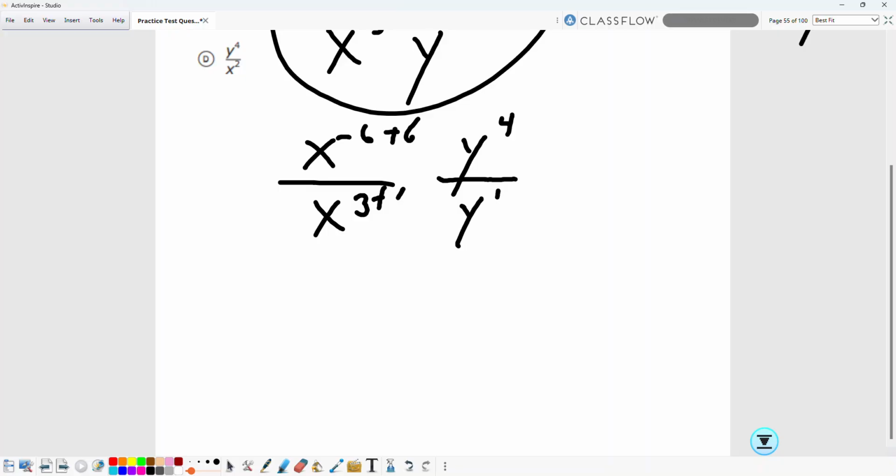I do the same thing to the bottom. So what I end up with, x to the negative 6 plus 6 is x to the 1. Or I'm sorry, it's x to the 0. And then 3 plus 6 is 9.